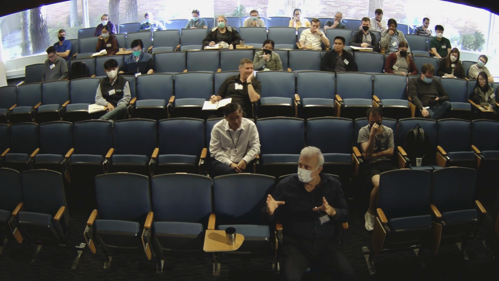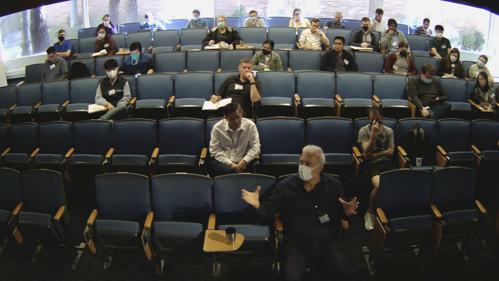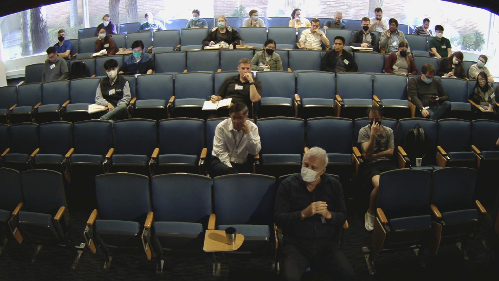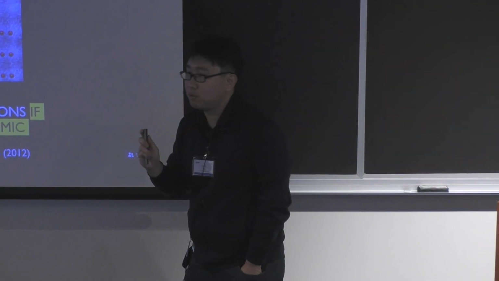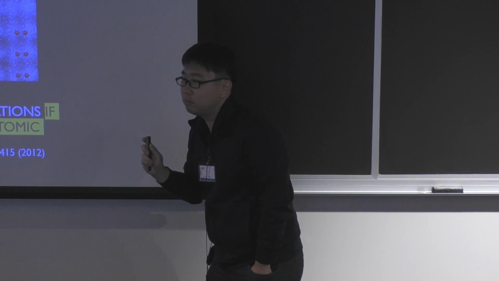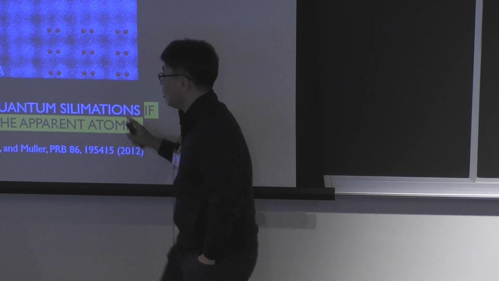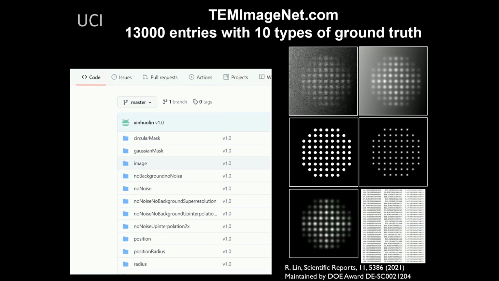What I want to say is that if you want to formulate a neural network to work on a specific problem, I have no problem using multi-slice. But if you want it to just tell if the ground truth is the parent atomic positions, then don't use multi-slice. Let me give you an example.